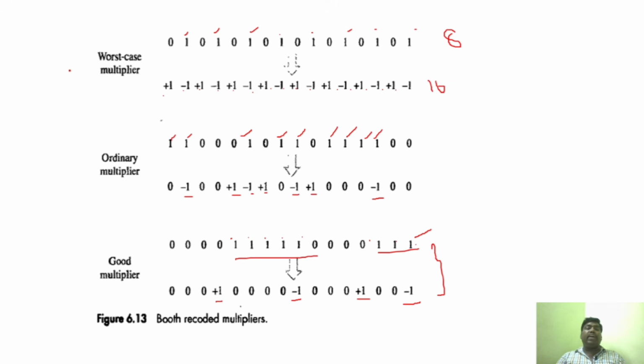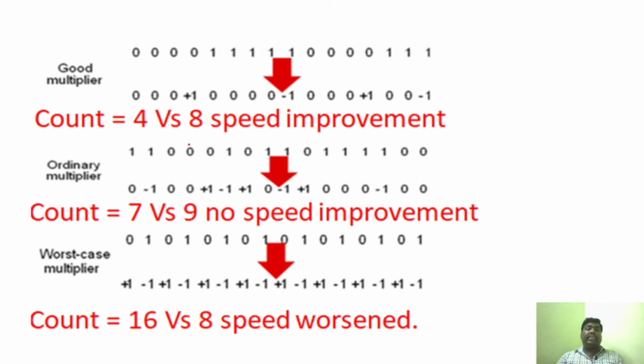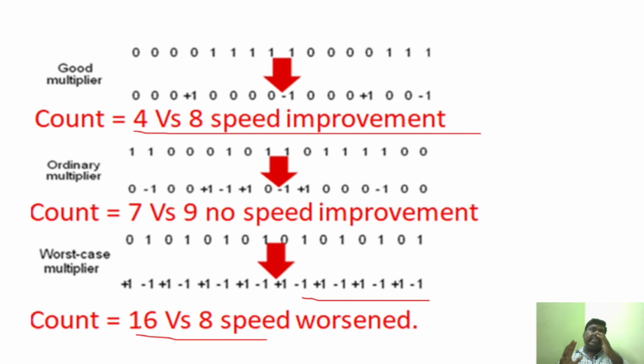So this is the worst-case multiplier, right? Even if you use Booth algorithm, for a good multiplier it reduces the number of operations, for an ordinary one some gain will be there, not much, but there will be a worst-case multiplier. Instead of 8, we will use 16, right? So there are chances that there can be such a multiplier as well, okay?